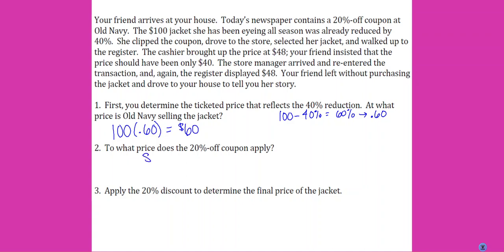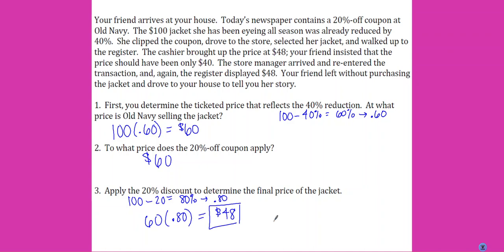That's what the 20% coupon is going to come off of. So 20% discount, 100 minus 20 is 80%, so our decay factor would be 0.80. 60 times 0.80 gives us $48.